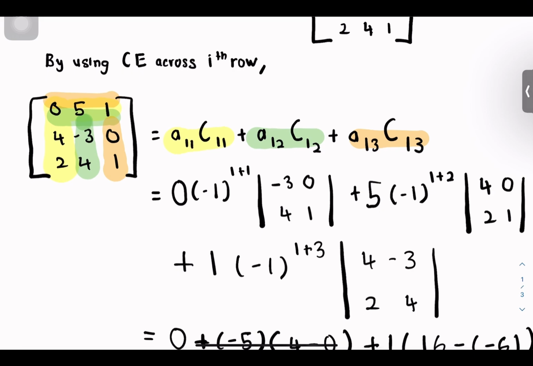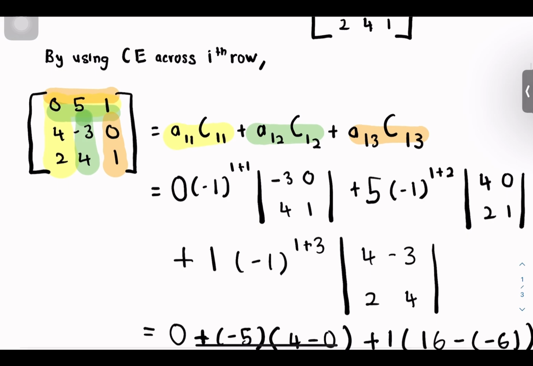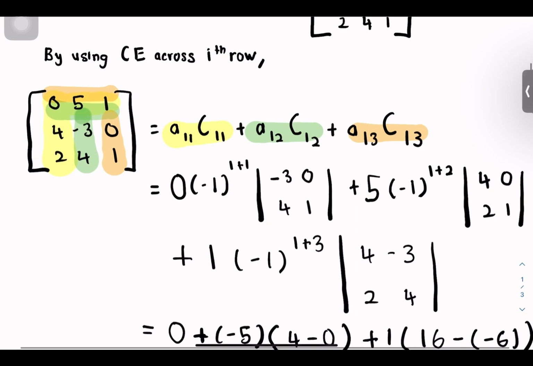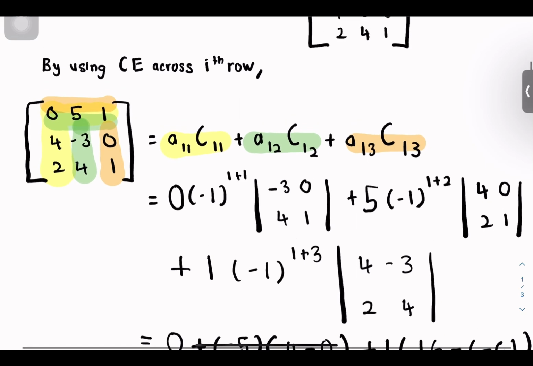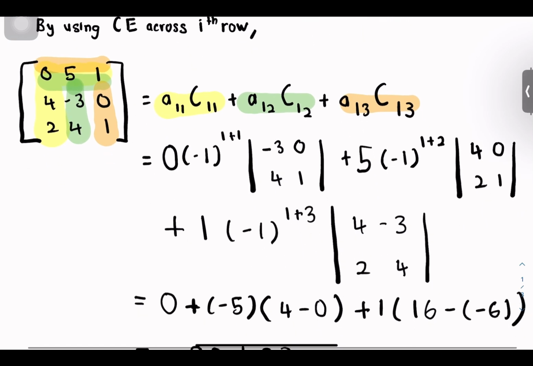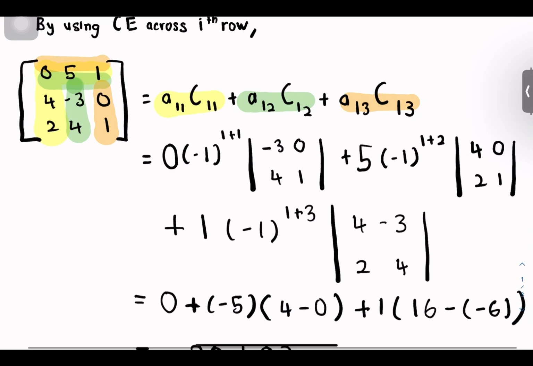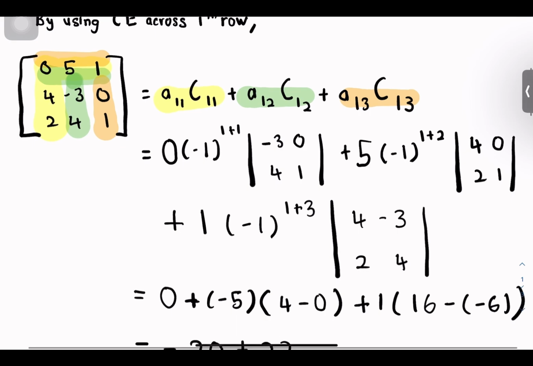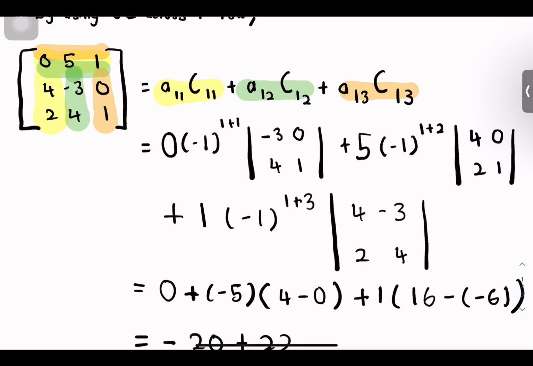We can see from the colors: yellow is A11, green is A12, and orange is A13. So we expand using the formula to get the determinant.